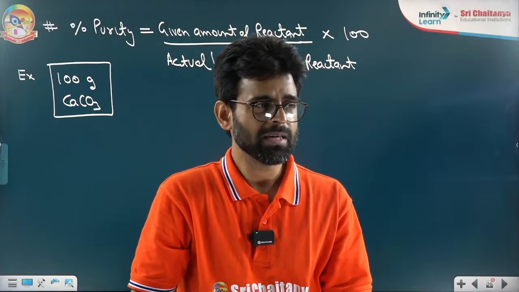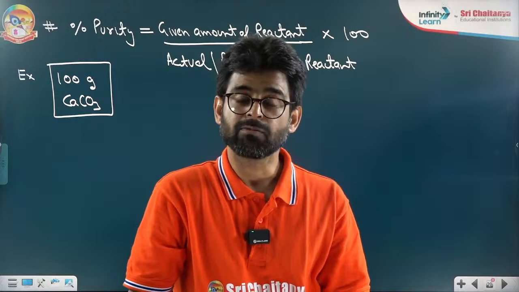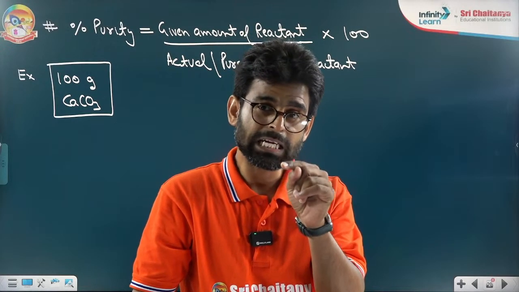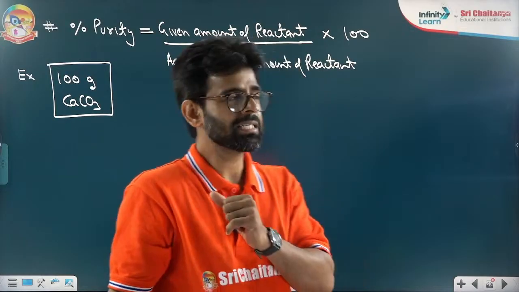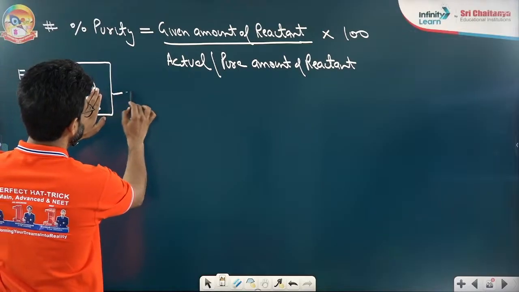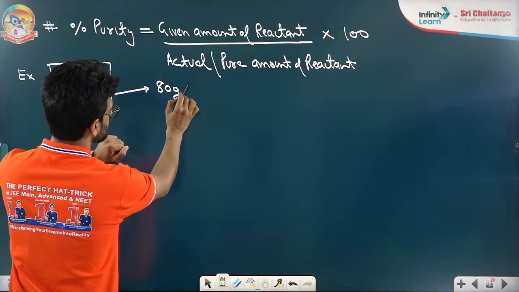Okay? Shopkeepers or every company is trying to cheat us. Clear? So from the market you are buying what is written as 100 gram, but it is not actually 100 gram. Some cheating is going on, right? Imagine when your father opened the packet, he found that it contains only 80 gram CaCO3.